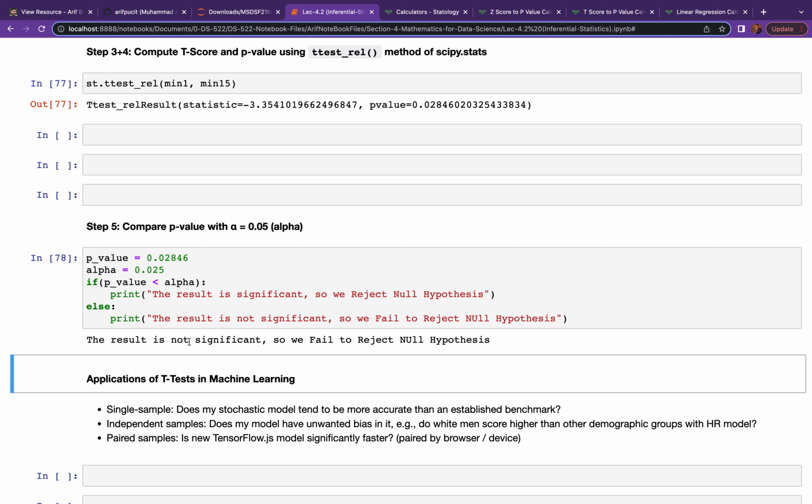And this is normally what is used in research to prove that whatever your hypothesis is, it is correct. Okay, so I think that is enough for hypothesis testing.